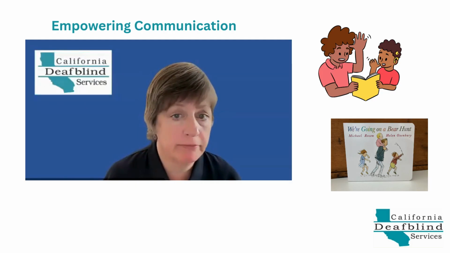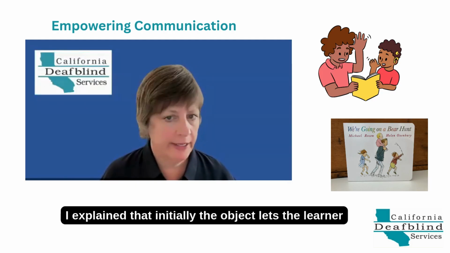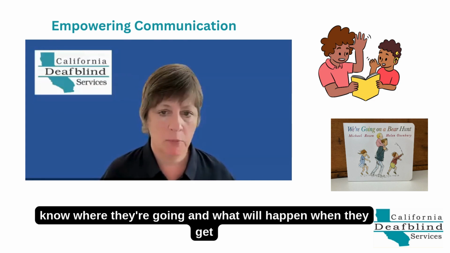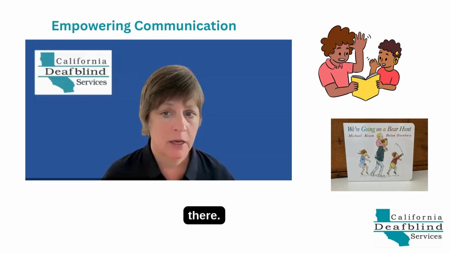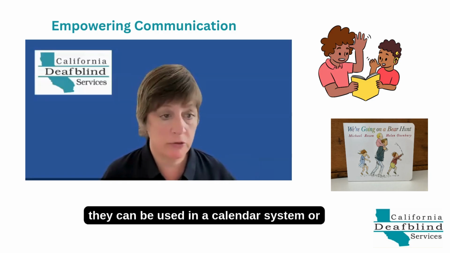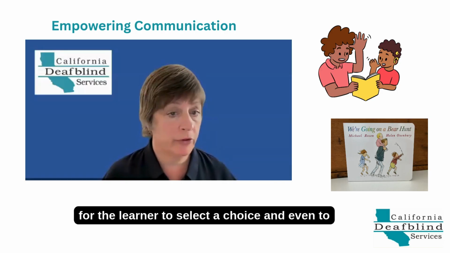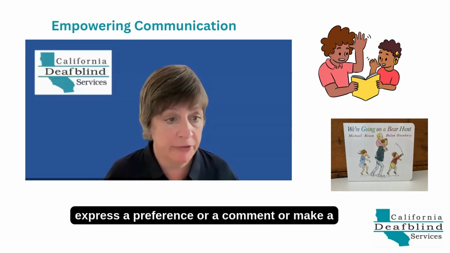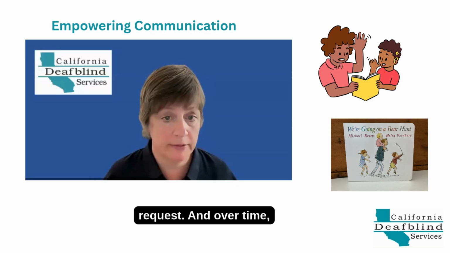Empowering communication. Earlier, I explained that initially the object lets the learner know where they're going and what will happen when they get there. But once the learner starts to recognize the object cue, they can be used in a calendar system or for the learner to select a choice and even to express a preference or a comment or make a request.